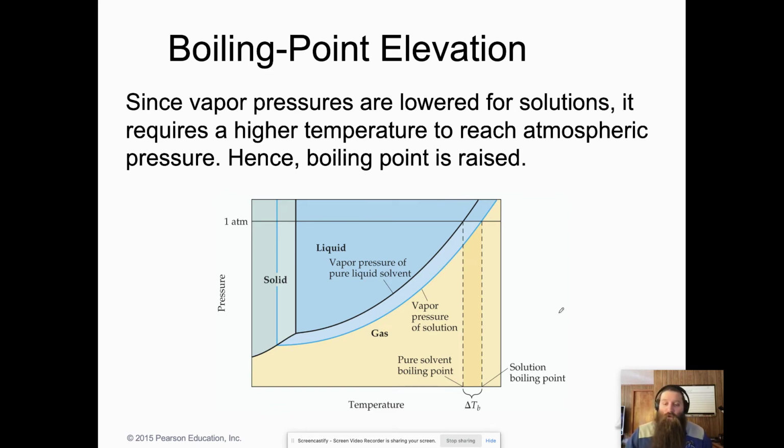Remember that the definition of the boiling point is the point where the vapor pressure equals atmospheric pressure. So if I'm lowering the vapor pressure of the solution from, we'll say, A to B, well, now in order to get A and B to be equivalent, I have to go to the right on my temperature in order to go up, right, to find C.